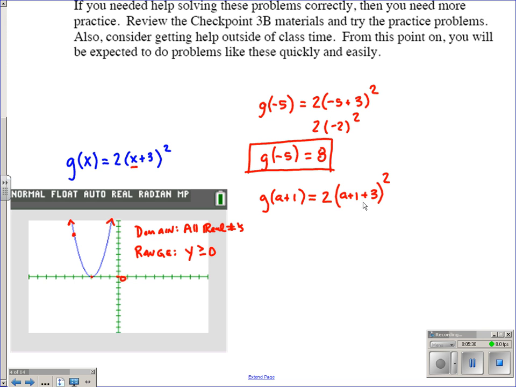A plus 1 plus 3, well 1 and 3 add to give us 4. So we're saying 2 times the quantity of a plus 4, still squared. Do not distribute the 2. That would be going out of order for our order of operations. We need to use our exponent first, so we're going to square this binomial. And remember, this is not taking the 2 and distributing it to the a and to the 4.